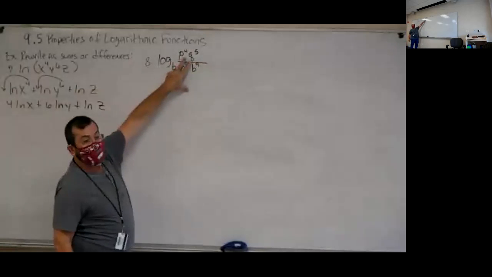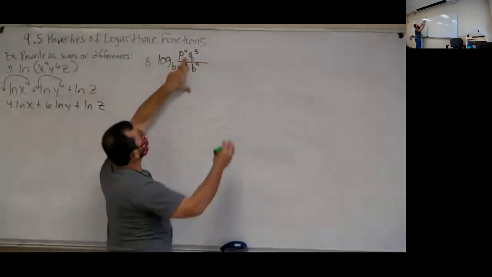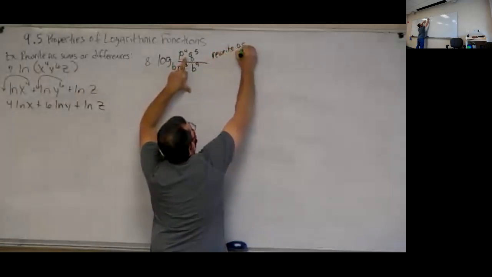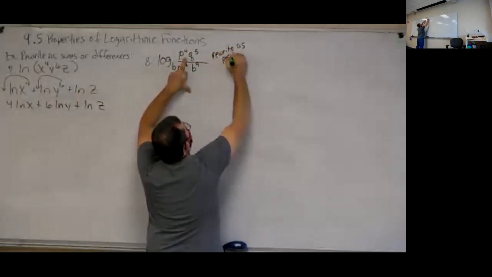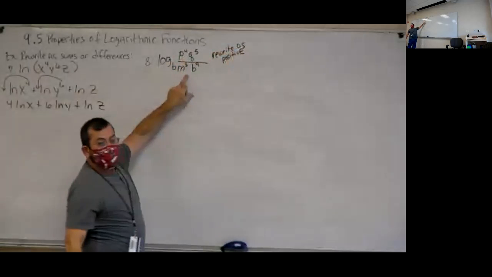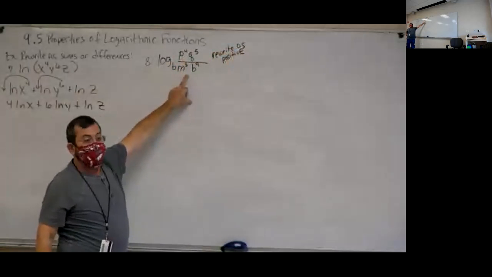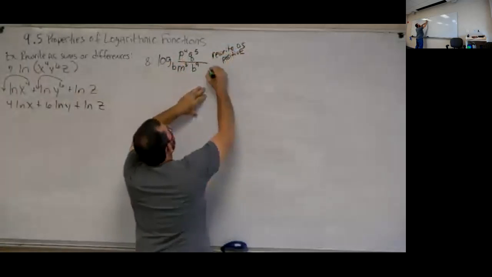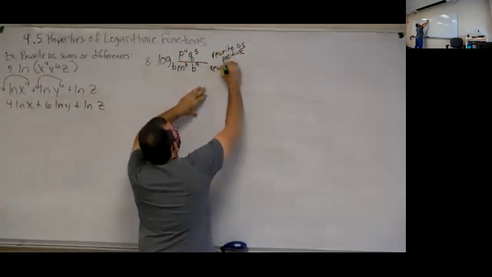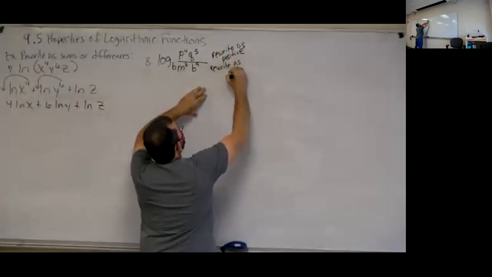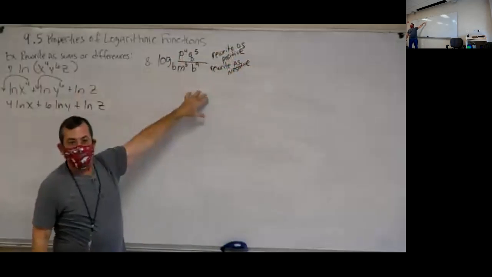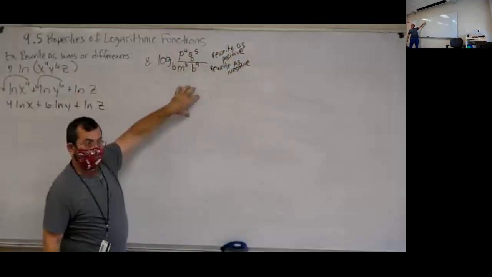If it's on top, when I rewrite it, it'll be positive. If it's on the bottom when I rewrite it, they will be negative because they're on the bottom of that fraction. So the bottom will be rewritten as negative. And remember, it's always the top minus them bottoms, okay?